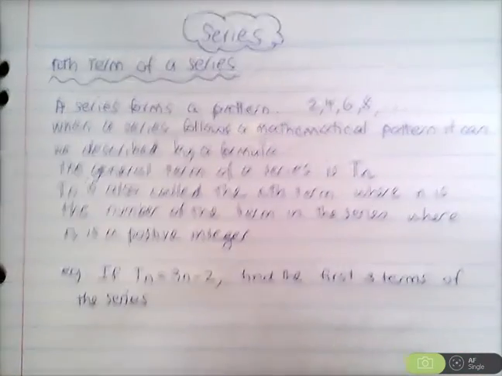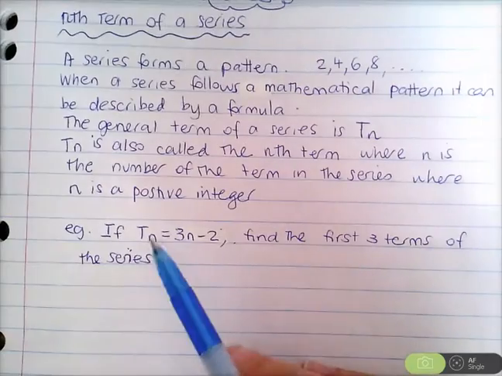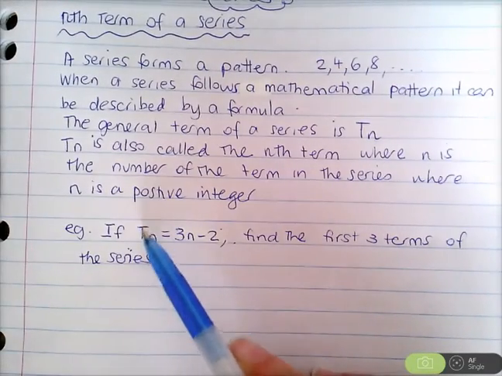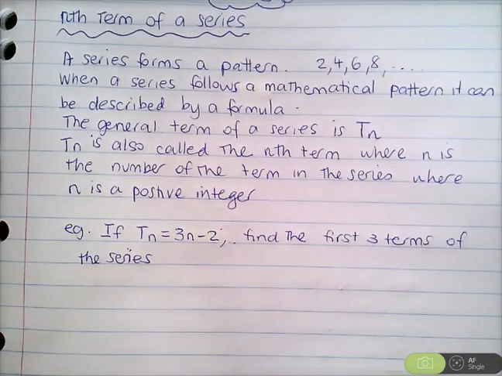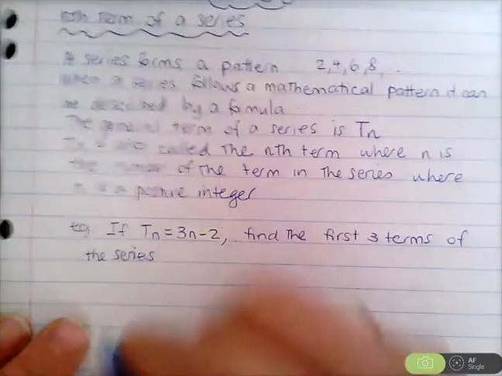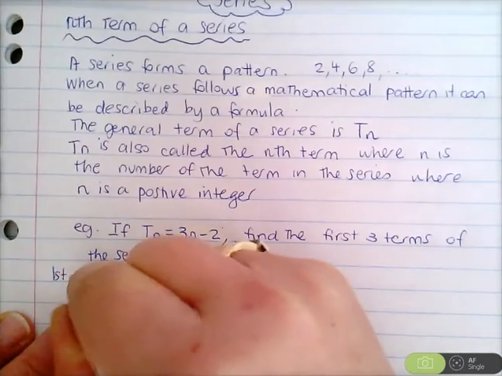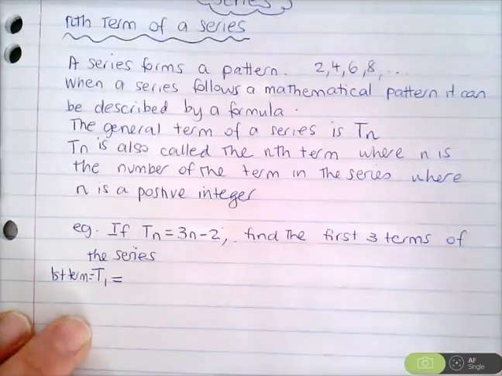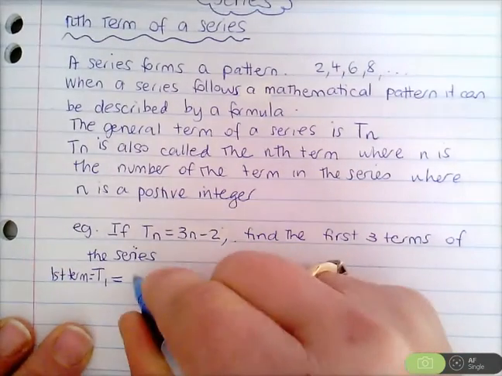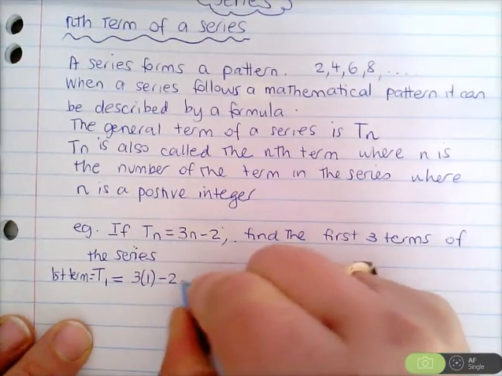Just a few quick examples here. If your general term, Tn, is given by 3n minus 2, find the first three terms of the series. So if we want to find T1, that's the first term, we just replace the n with a 1, which is 3 times 1 minus 2, which is 1.